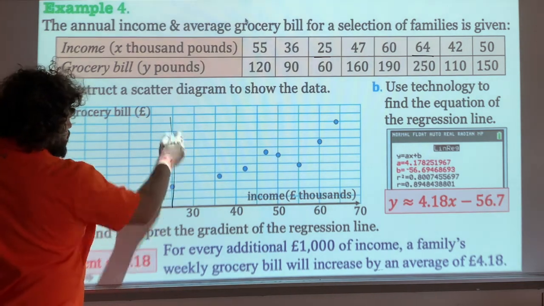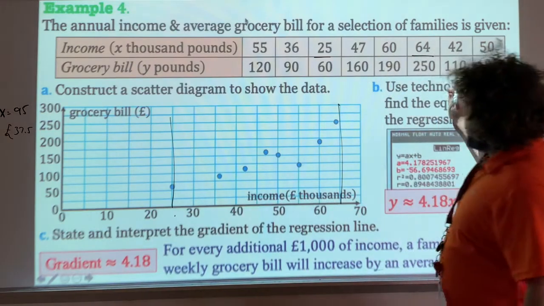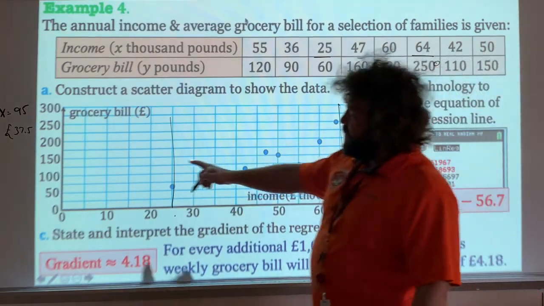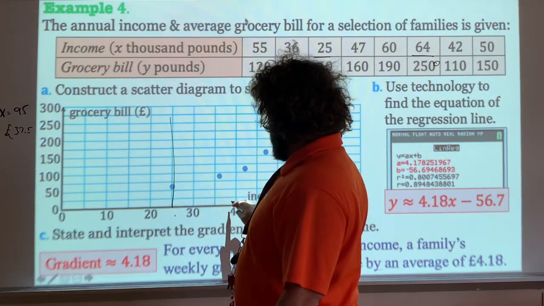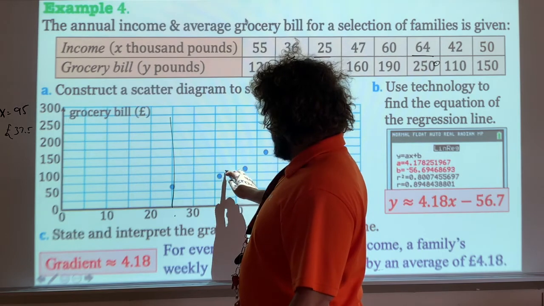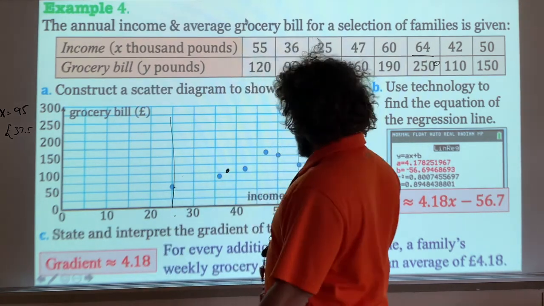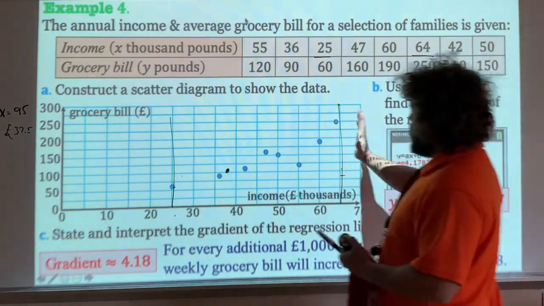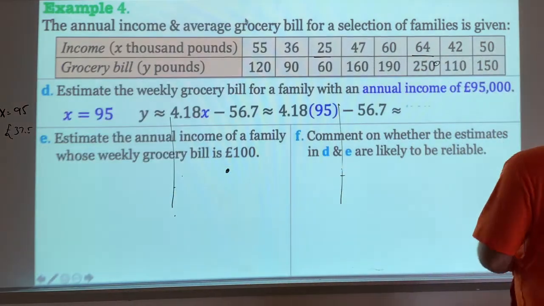Well, our data here is between 25 and, say, 65. So our data 95 would be over here, so we don't know if that's continuing to be true. 37.5 is right back here. So that data falls inside our range. So it's probably more likely to be true. Okay, you only want data in this range to see if it's good. All right.